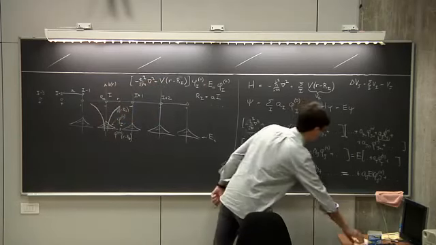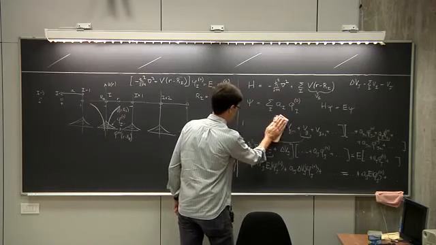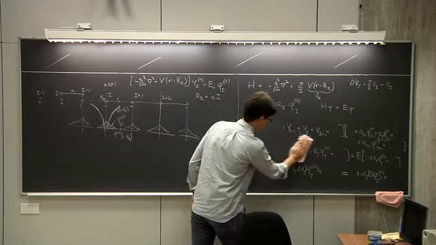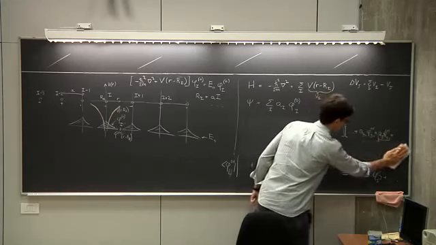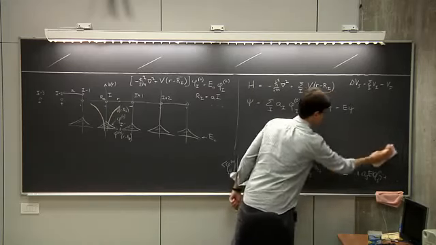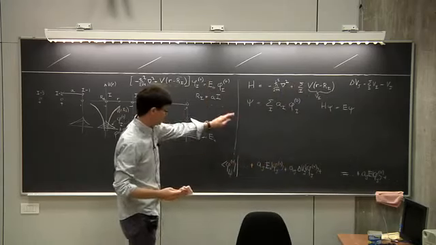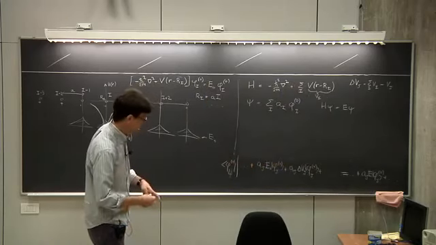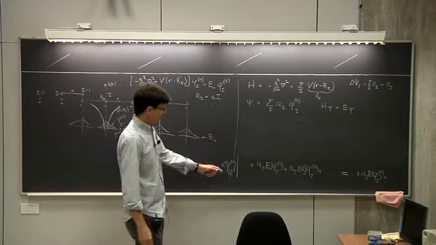Okay. I hope I can now delete at least this part. I'd like to keep this picture here, so I'm going to work on this side of the blackboard for the moment.